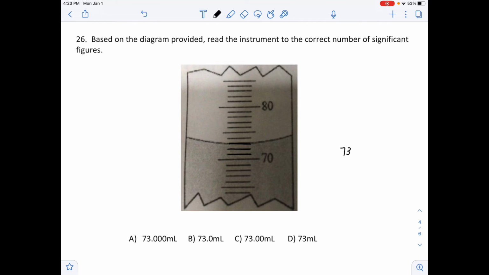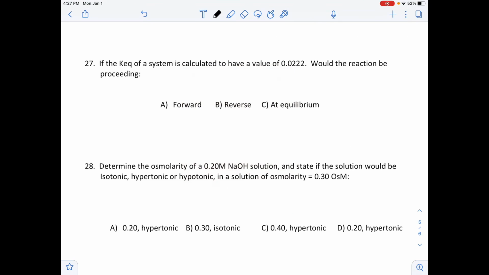So you know that there's a 3. And then you have to go to one decimal place that is uncertain, so you're just making an estimated guess for what that value could be. So in this case, you might want to say that the estimated guess is 0 since it's directly on the third line above the 70. So we can say that it's going to be 73.0 milliliters.